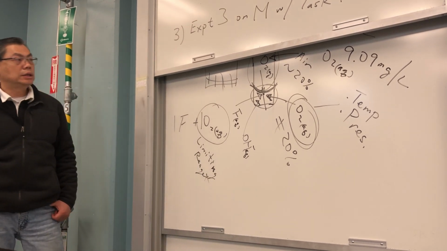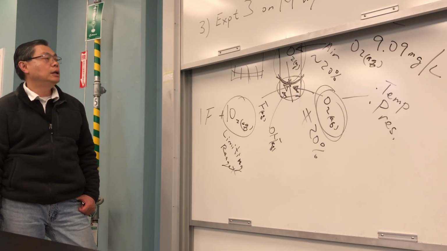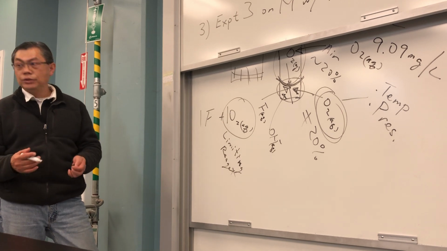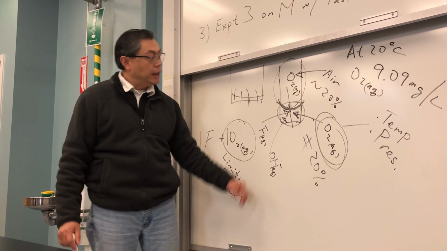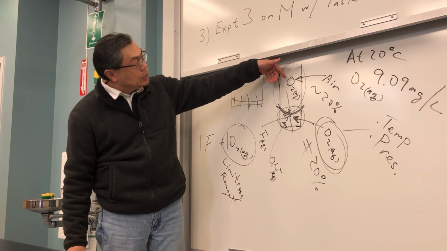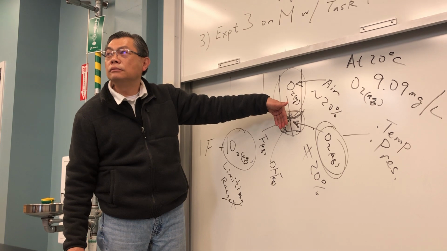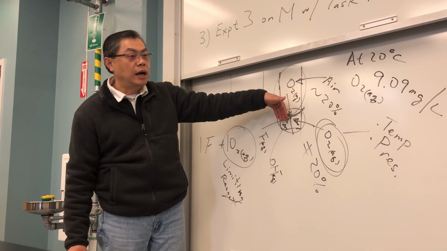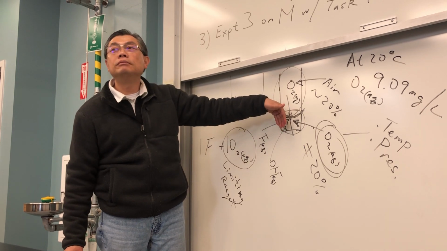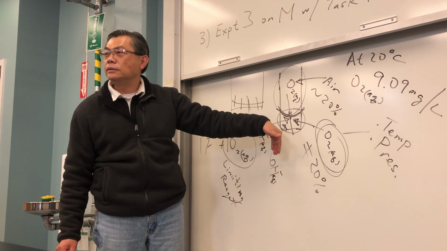So only so much oxygen can dissolve in the water. Once it's used up, it will take time to get dissolved back. How do you speed up this going back?